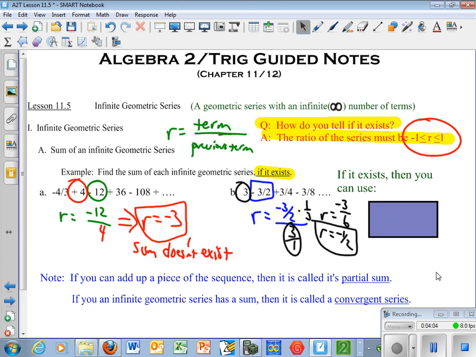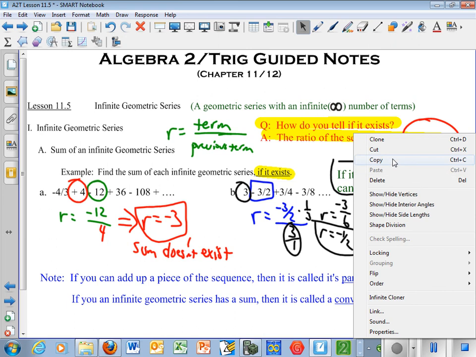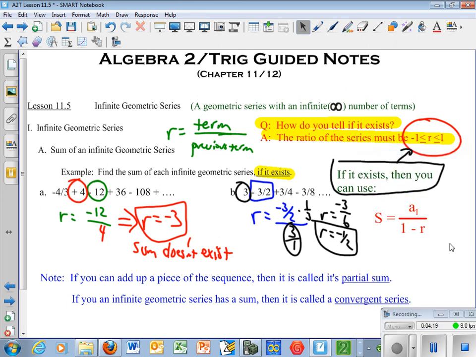Now, if the sum exists, and r in this case, -1/2, is between -1 and 1, here's the formula that you use. The sum for an infinite geometric series, if it exists, after you check r, I'm going to put my little infinity symbol down there.